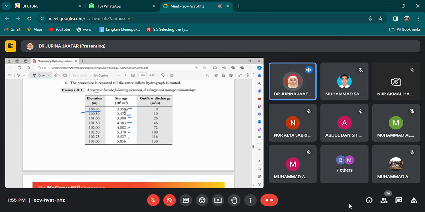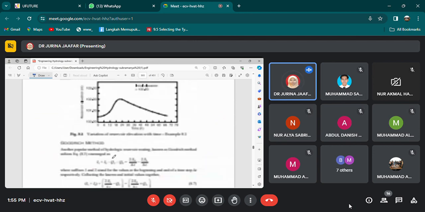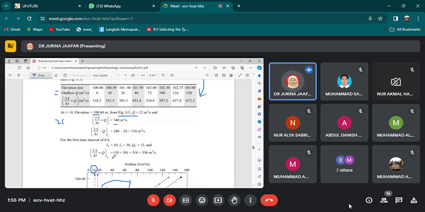Okay, kali dengan 2 divided by 6, then we get 340. Okay, kita dapat 340, ambil dekat value tu. So yang ni 2 kali dengan 3.35 yang awal tu, storage yang awal at elevation ni.